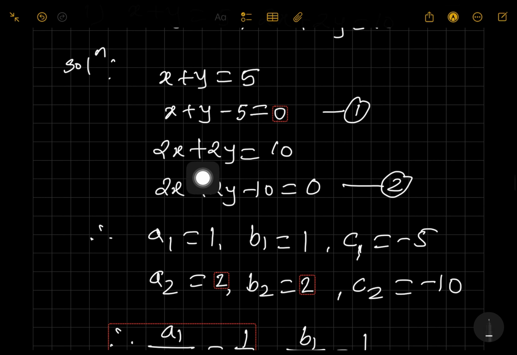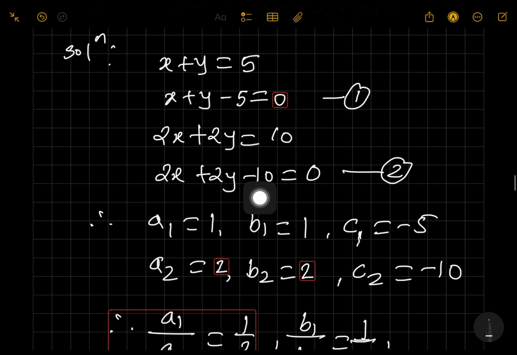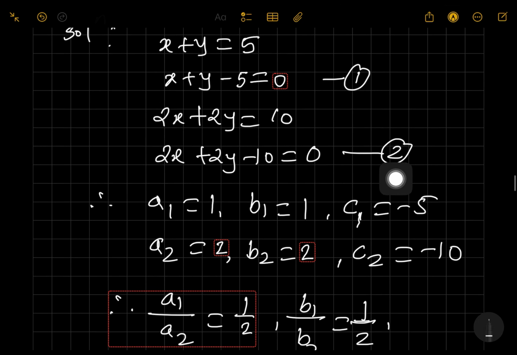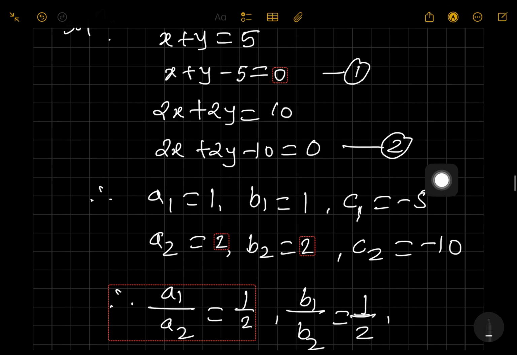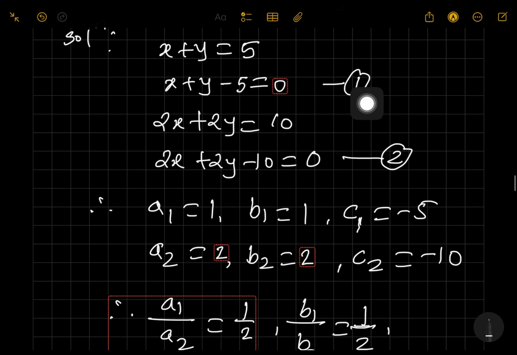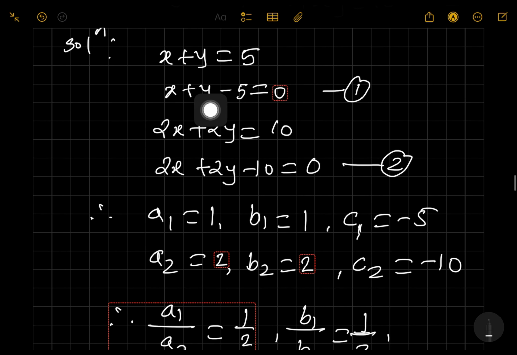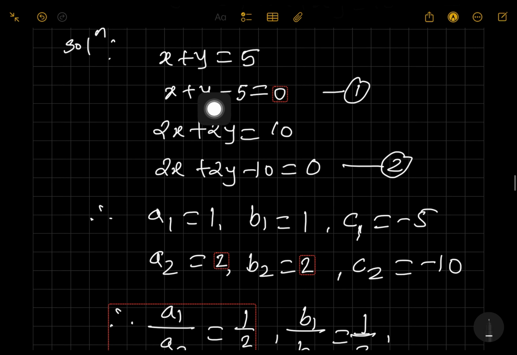This is equation 1. Then 2x plus 2y equal to 10: we bring this 10 to this side, so it becomes 2x plus 2y minus 10 equal to 0. This is equation 2. In standard form we received these two equations, so we can easily find a1, a2, b1, b2 in both equations.